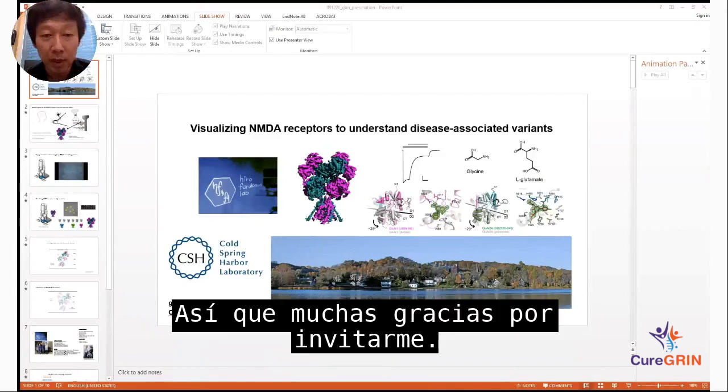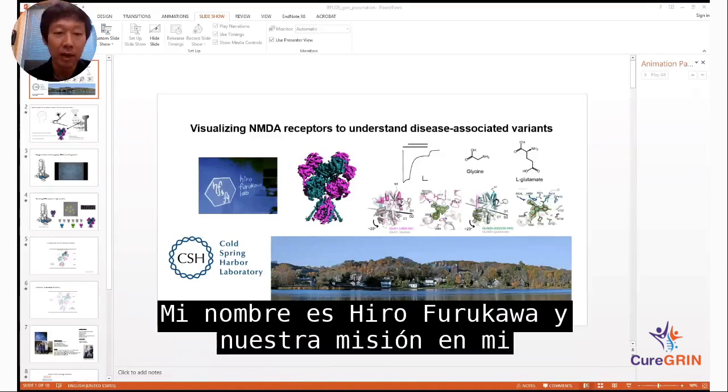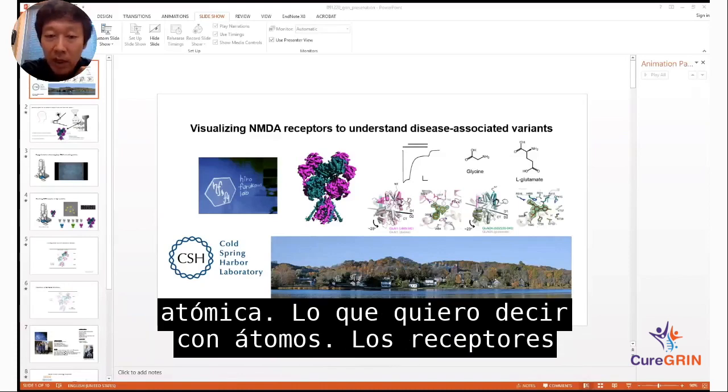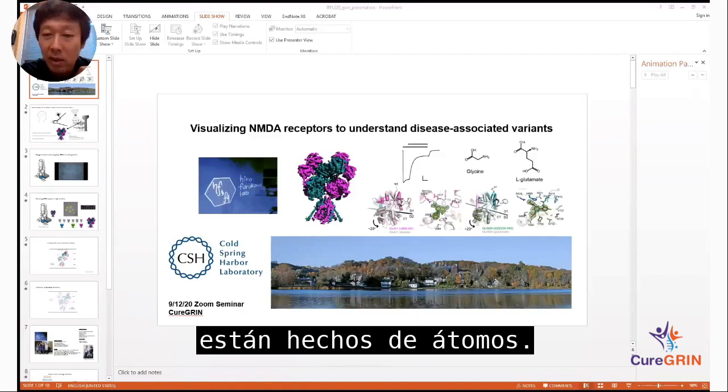So thank you so much for having me at this GRIN conference. My name is Hiro Furukawa, and our mission in my lab is to visualize NMDA receptors at atomic resolution. NMDA receptors are made out of amino acids, and amino acids are made out of atoms.